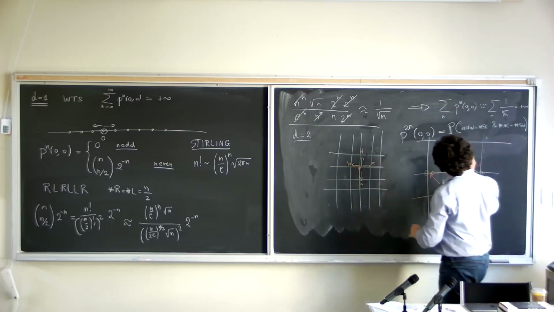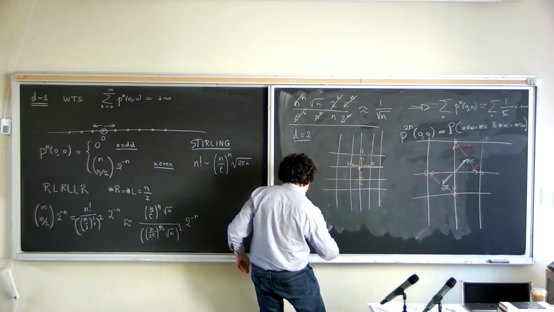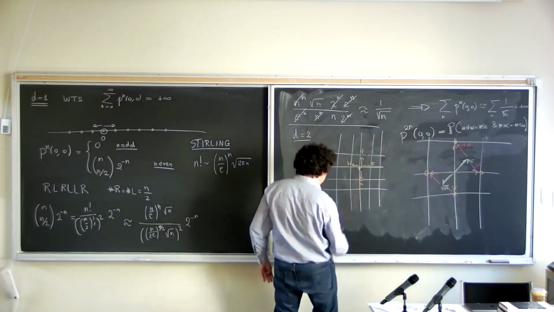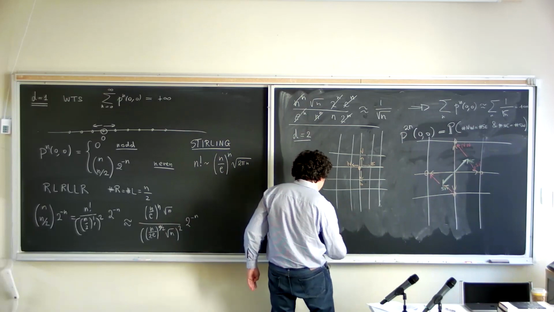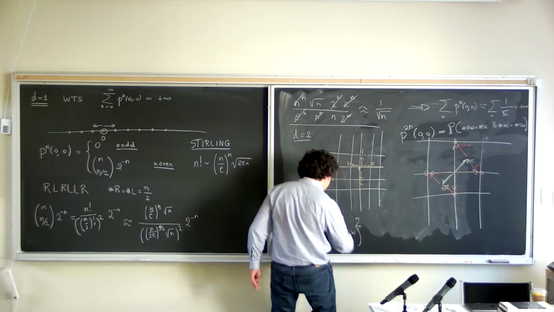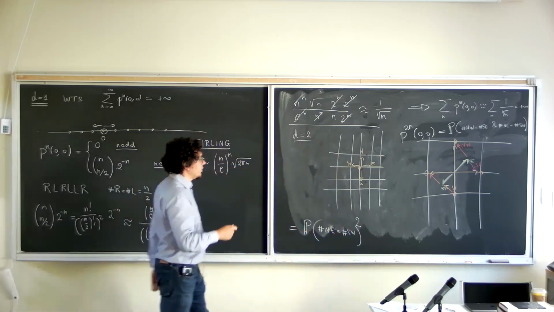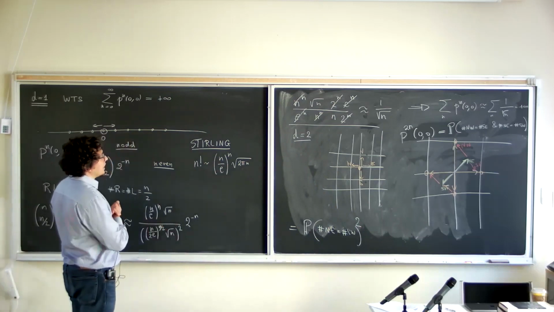So we are actually in a pretty good situation. So this is just the probability that, for instance, the number of northeast equals the number of southwest, squared. So this is the trick, that you can split it into two independent ones.